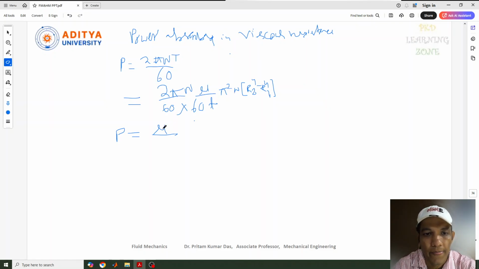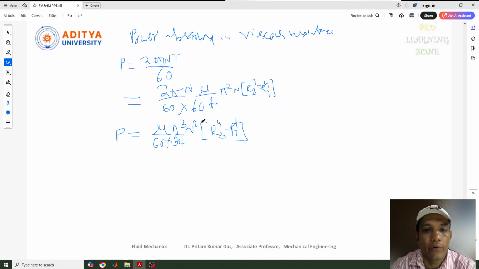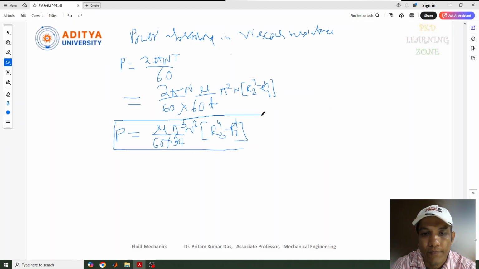So what I can write, mu, this is 60 into 30 t, and mu again pi will get pi cube, because pi square into pi, and this is n square, and bracket start r2 to the power 4 minus r1 to the power 4.